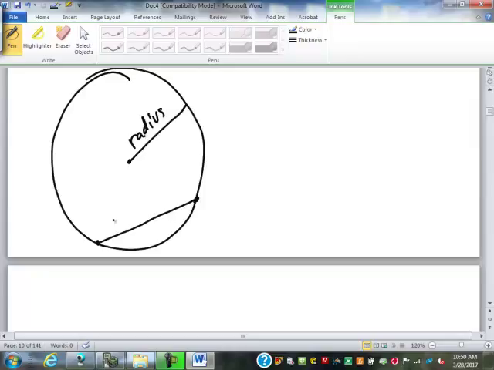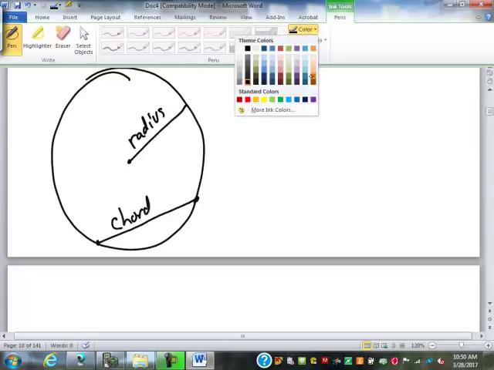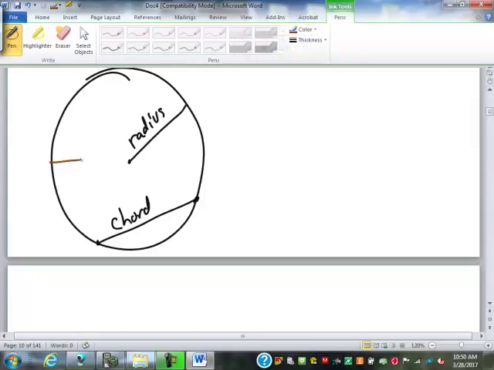That is called a chord. A chord that contains the center of the circle is called a diameter. A lot of people think of a diameter as being defined as 2 radii. It's really not. It is defined as a chord that contains the center of the circle.